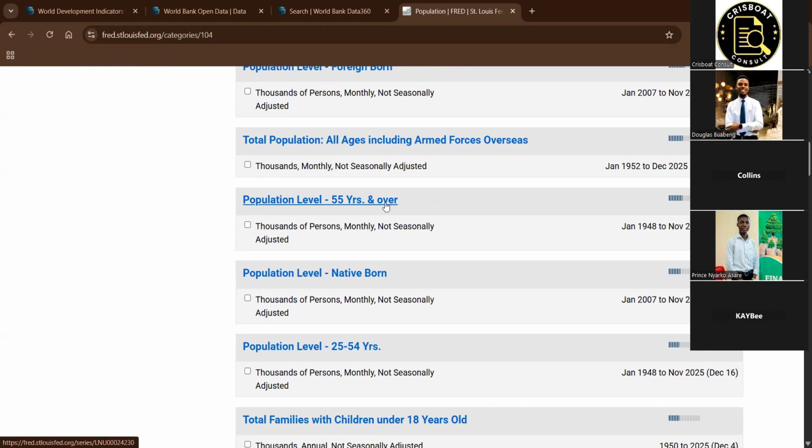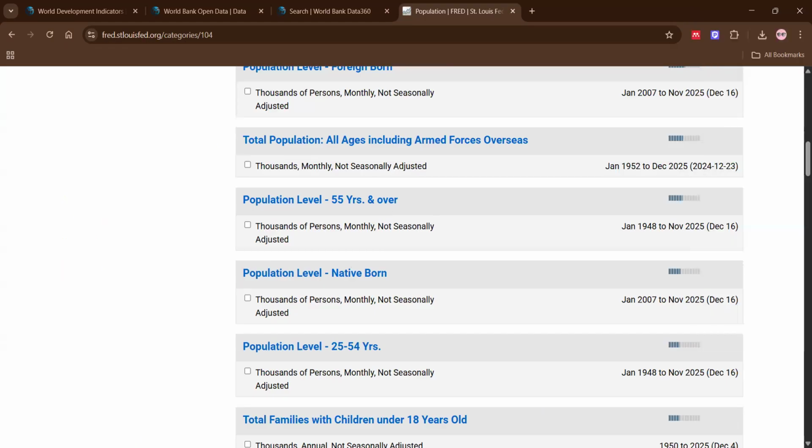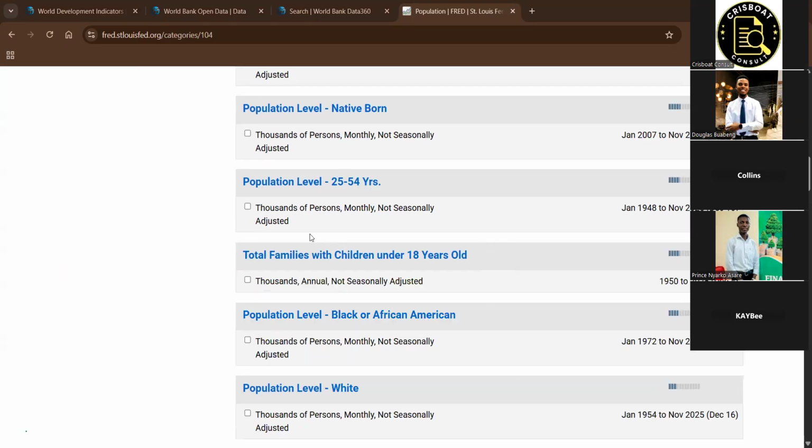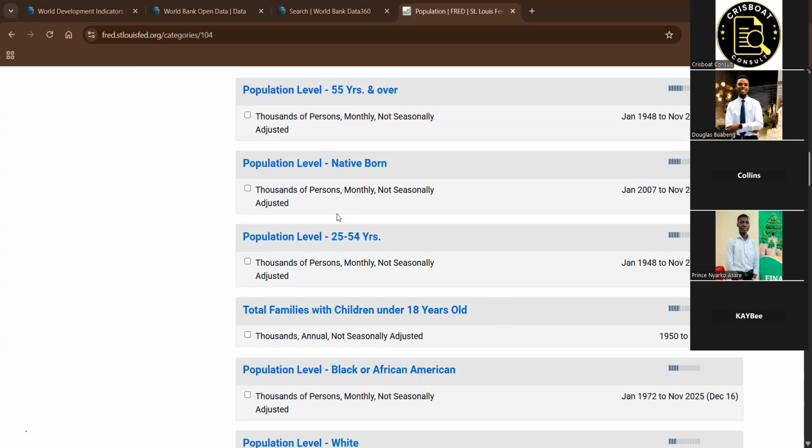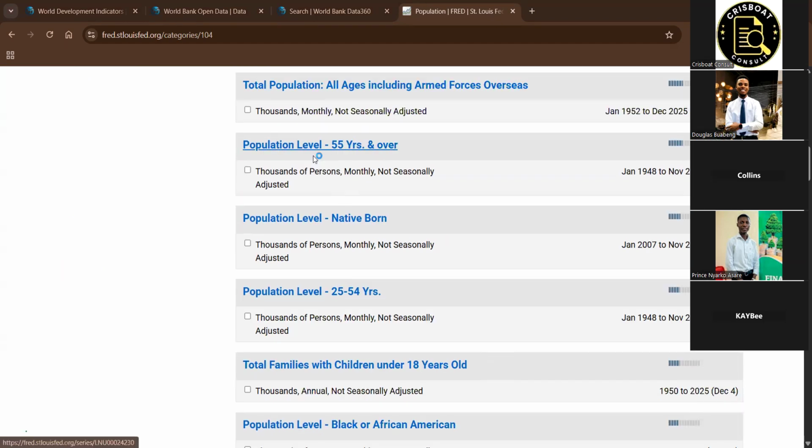So if you want to write a study on old age or retirement or something, you can explore population level 55 years and over.